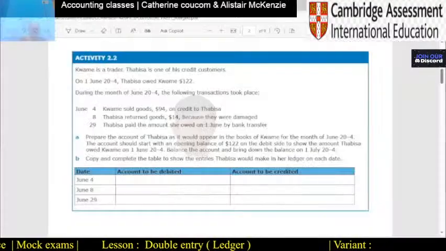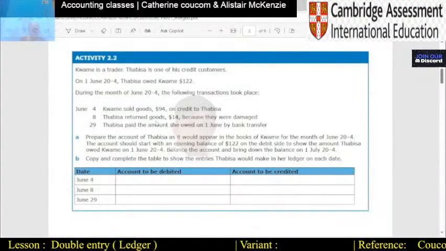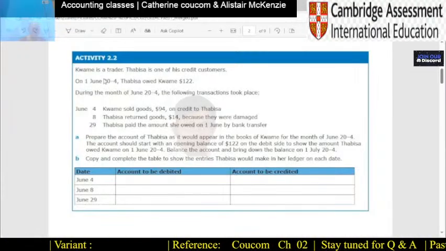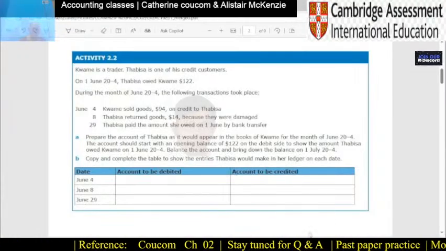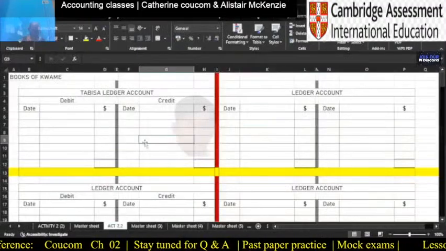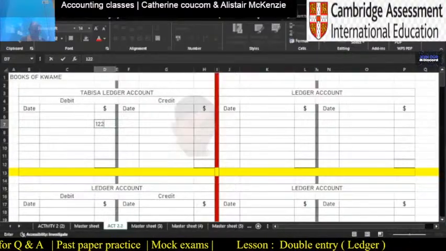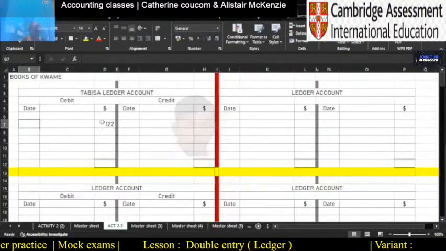So what is the question? Tabisha owed Kwame 122 on June 1st, 2024. Tabisha owed Kwame 122. So Tabisha is an asset.